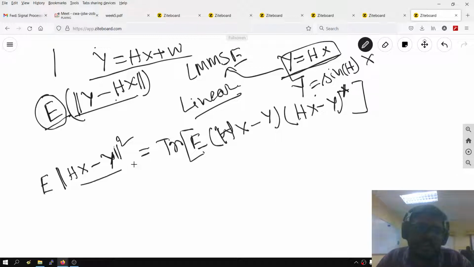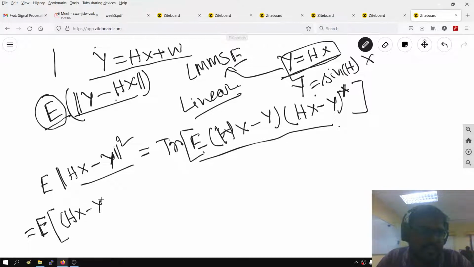This is the definition of this. Y can also be defined as this expected value of Hx minus Y star into Hx minus Y.